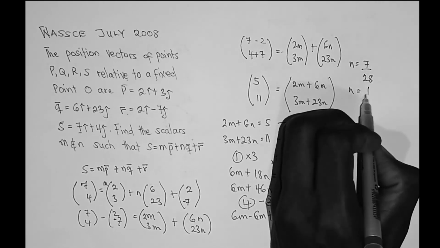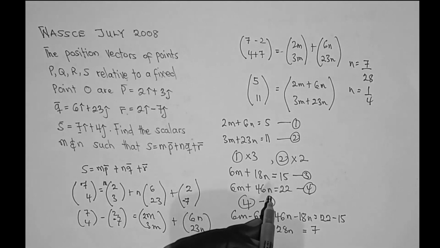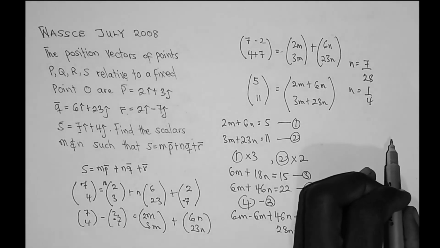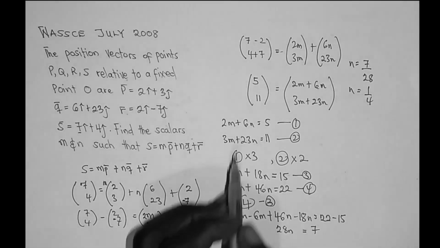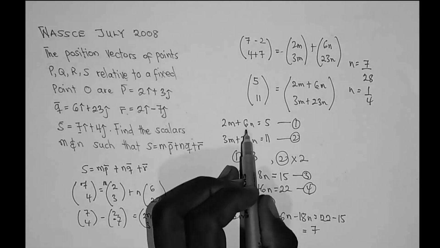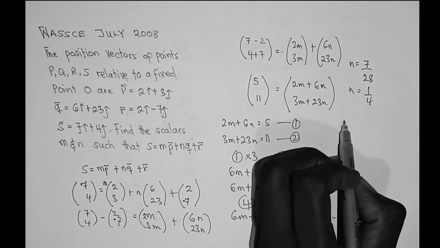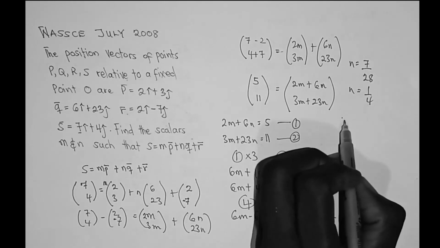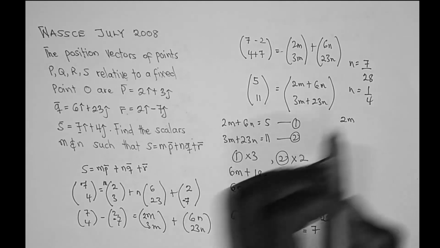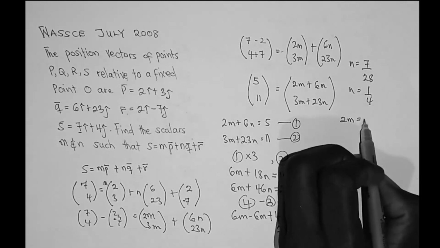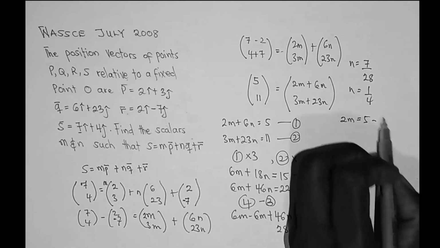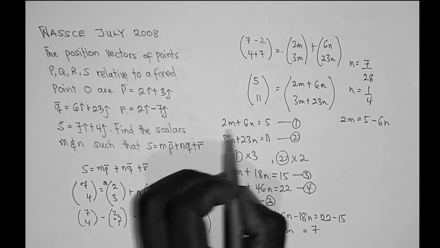Therefore, n is equal to 1 over 4. So let's take n equals 1 over 4 and then put it in equation 1. But from equation 1, we know that 2m is equal to 5 minus 6n. I'm just making m the subject.